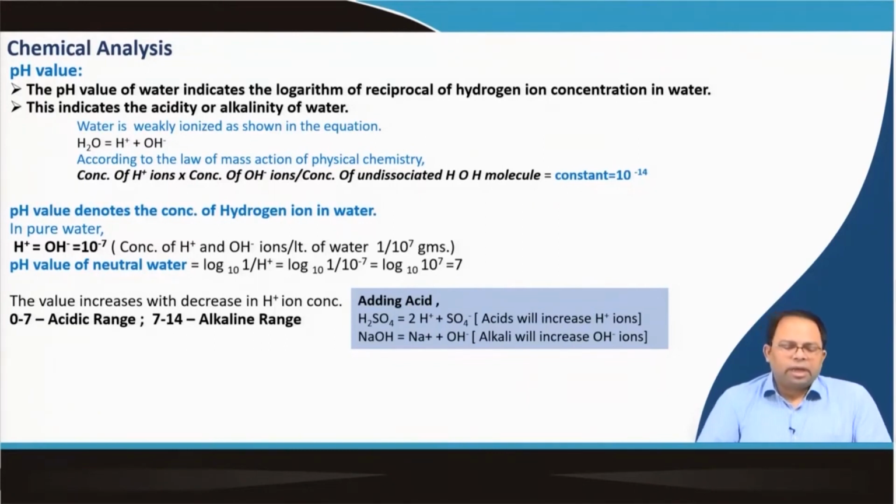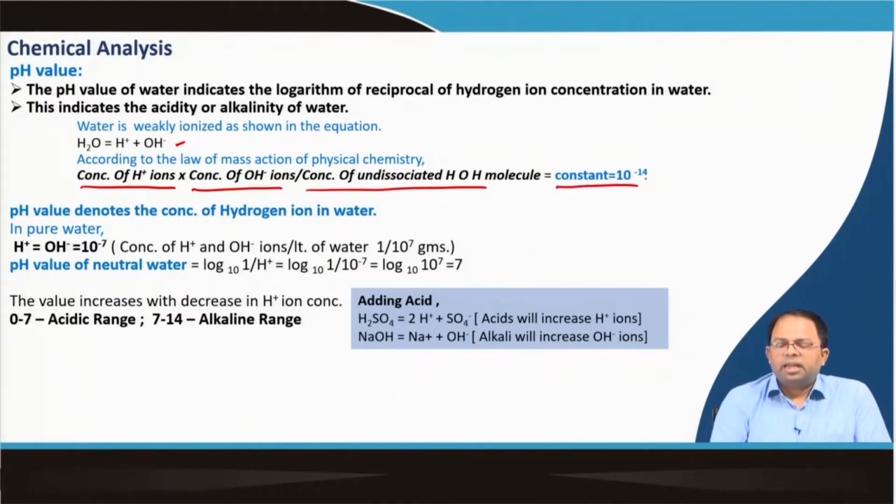As you know, water is weakly ionized, with H2O = H+ + OH-, and from the law of mass action of physical chemistry, the concentration of H+ ions times the concentration of OH- ions divided by the concentration of undissociated HOH molecule is basically a constant, which is 10 to the power minus 14.